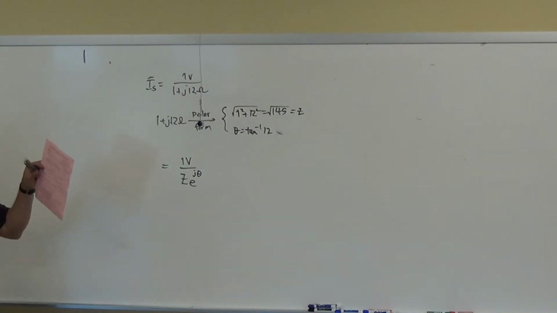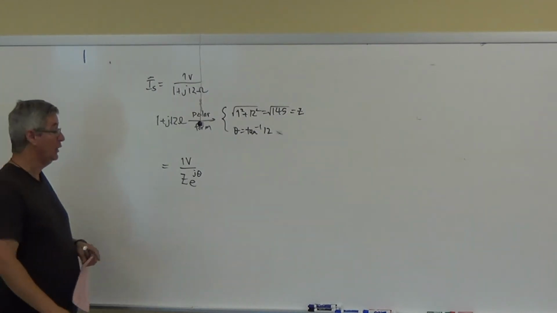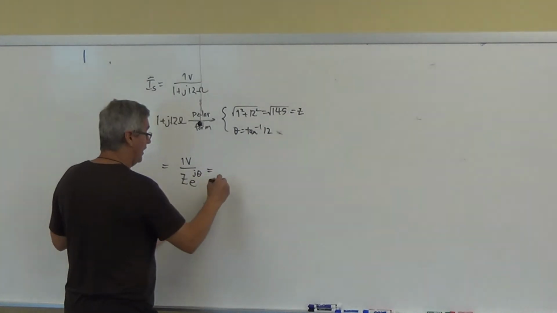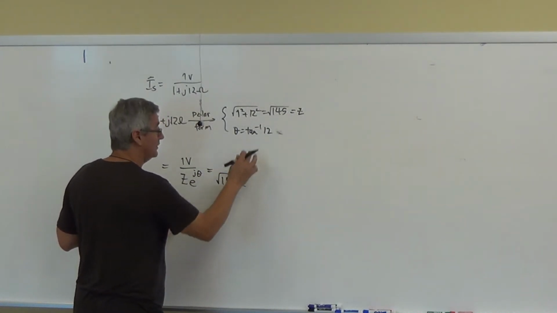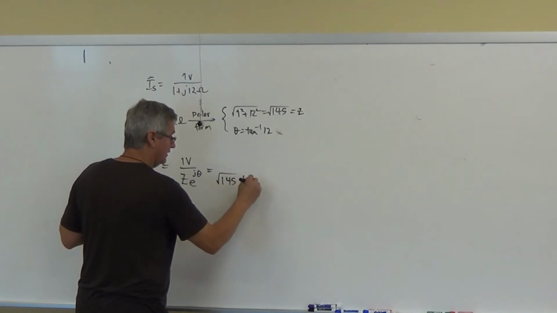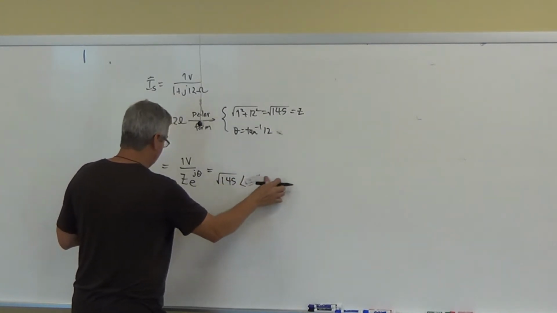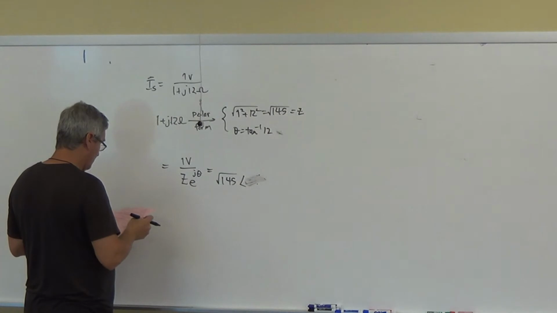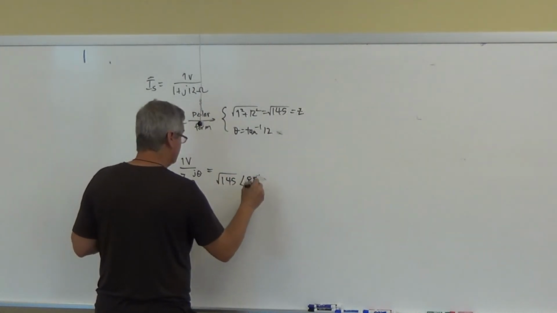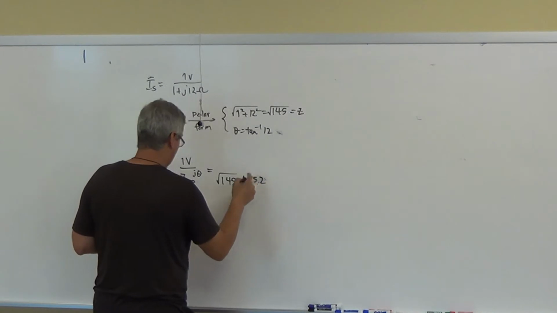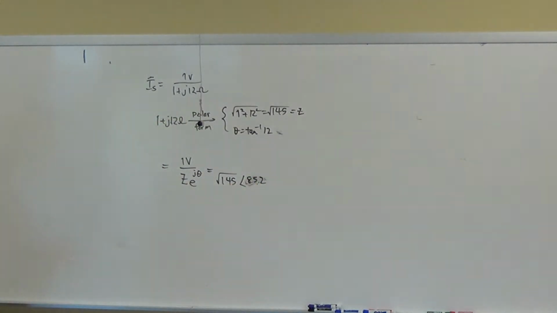So then when I flip it up here, this guy's really square root of 145, and then the angle here is what? The tan, actually, did I calculate the angle? I hope I did. Yes, I calculated the angle is 85.2. That's the angle right there.